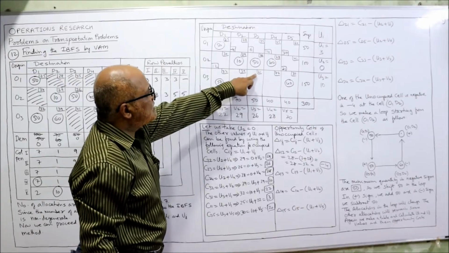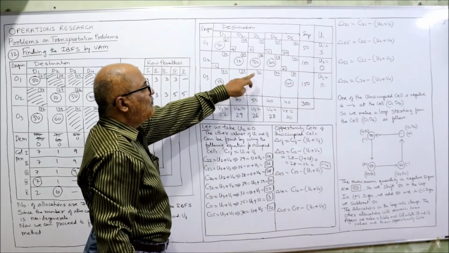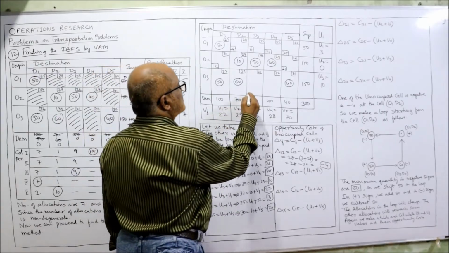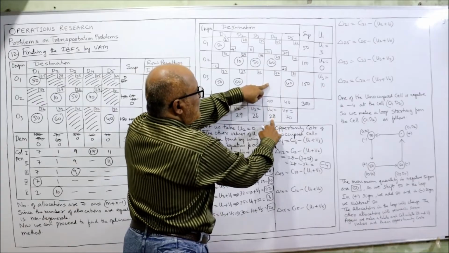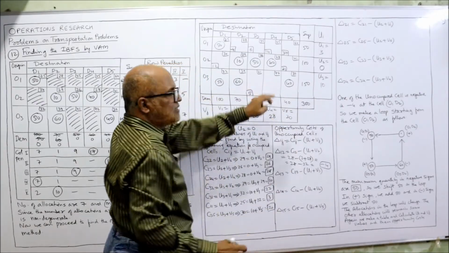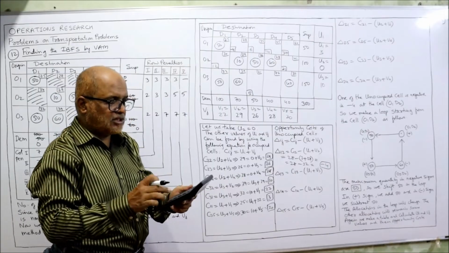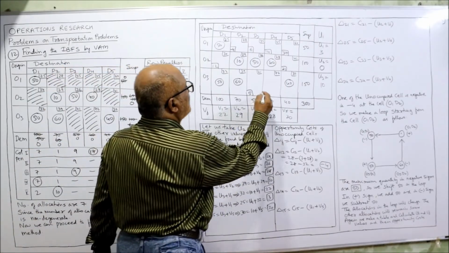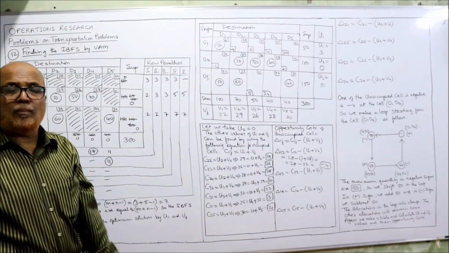Here 41 is the Cij. The 26 plus 10, 36. 41 minus 36 is 5. Here 72 is Cij. 28 plus 10, 38. 72 minus 38, you will get 34. That's all. We have calculated all the opportunity costs.